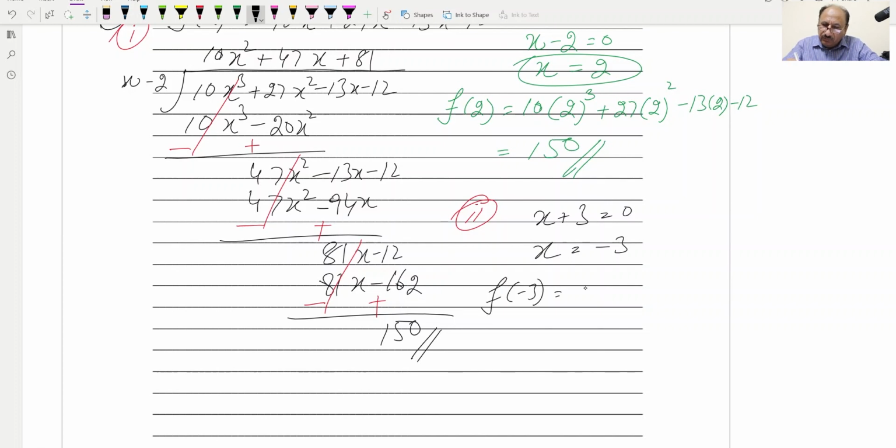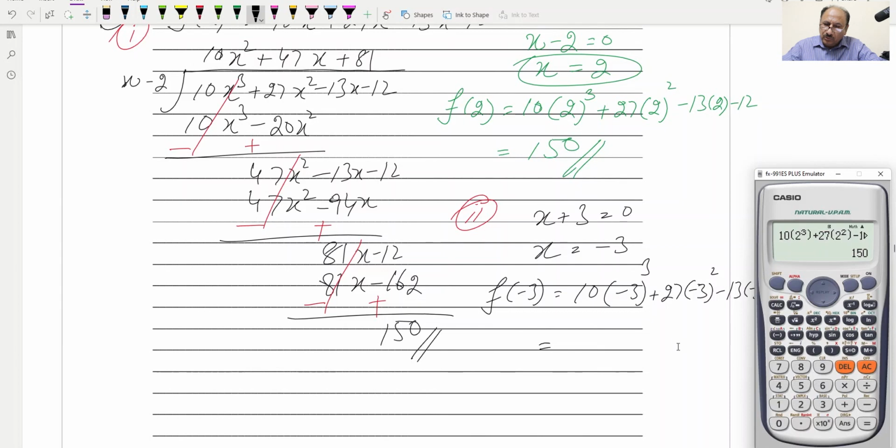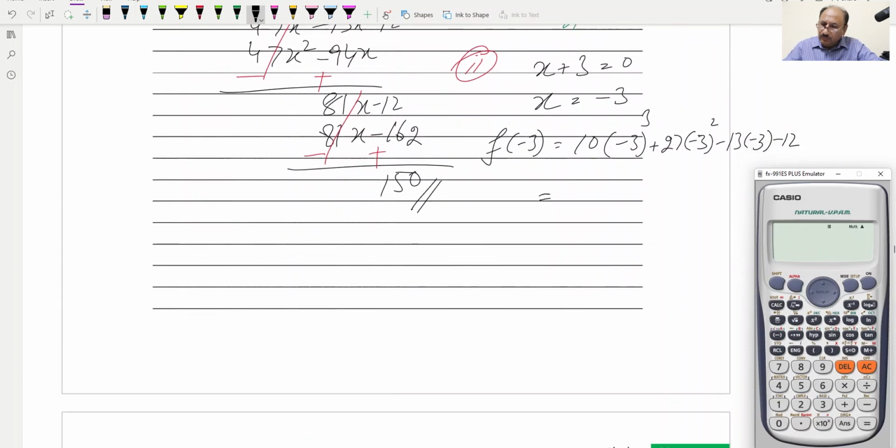So f of minus 3 will be 10 into minus 3 cubed, plus 27 into minus 3 squared, minus 13 into minus 3, minus 12. If we use a calculator to solve this, it is equal to 0.